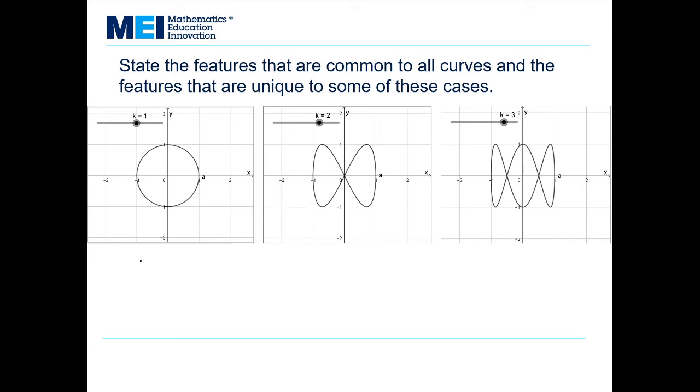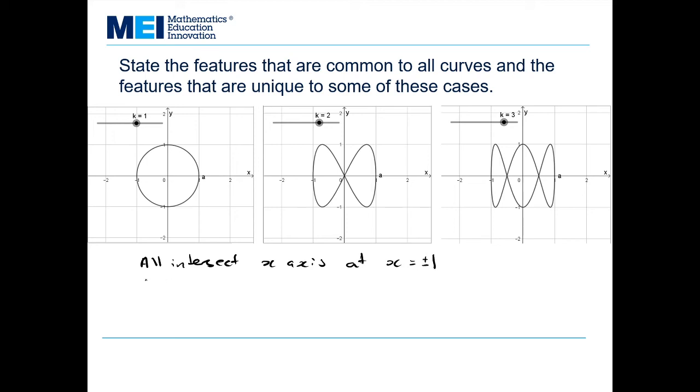So first of all, I might look at intersections. So all intersect the x-axis at x equals plus and -1.